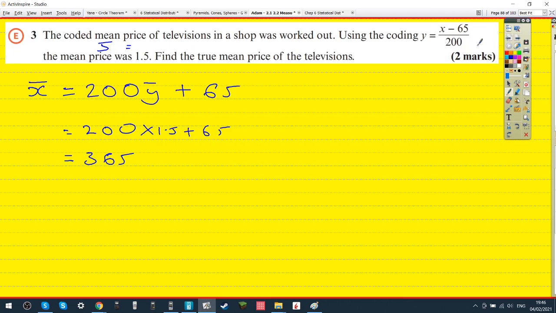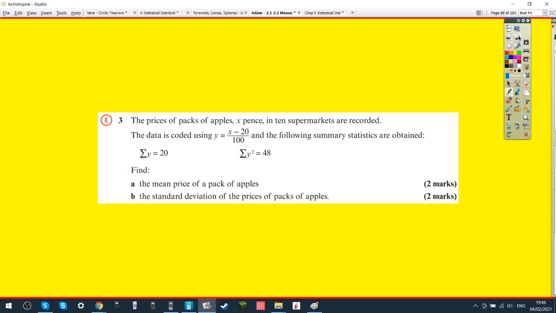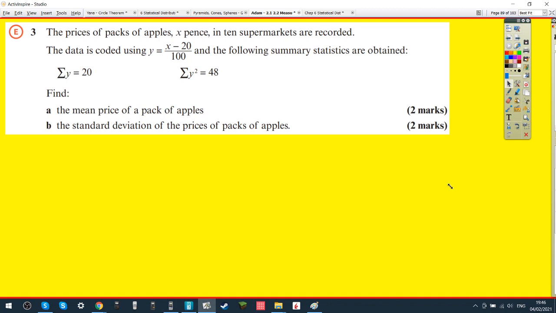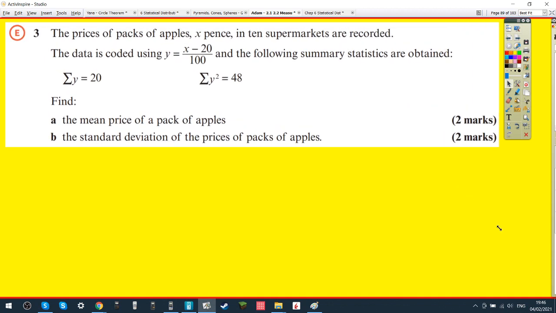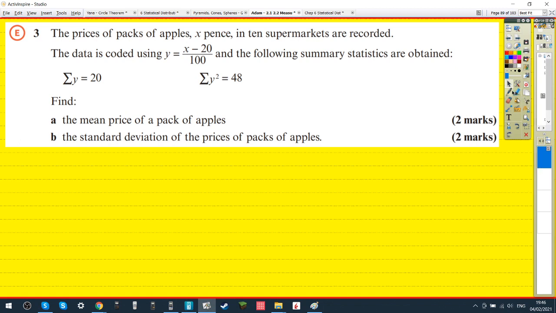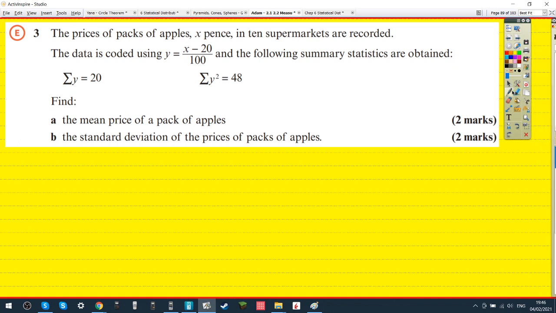Great. Let's try this one. So it'd be x equals 100y plus 20.